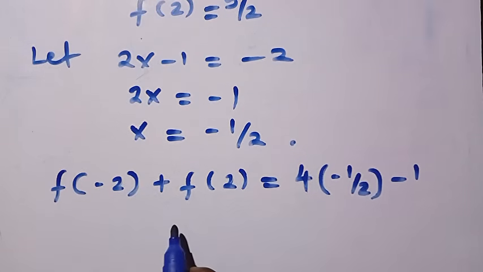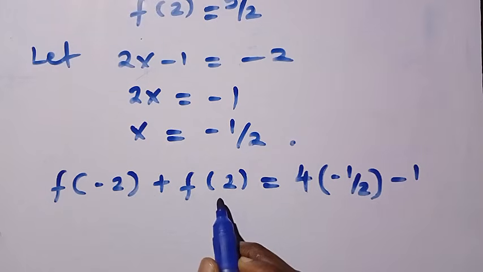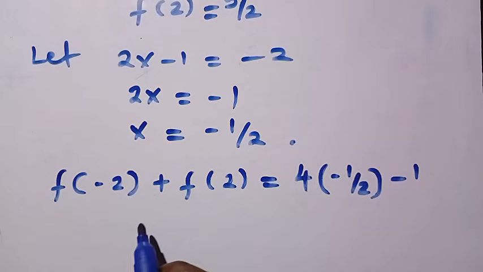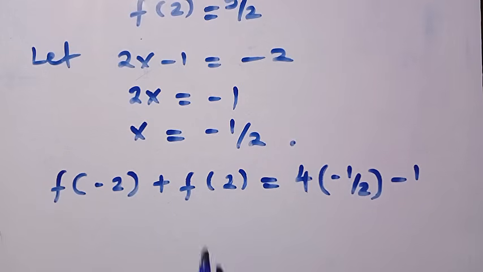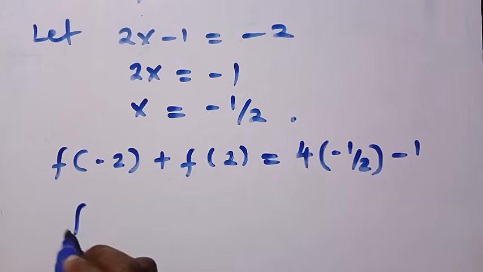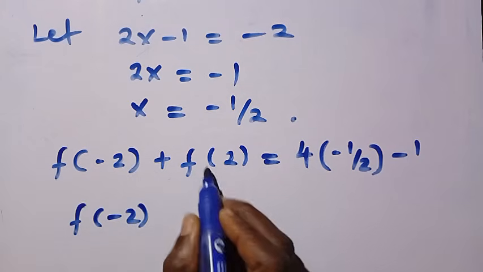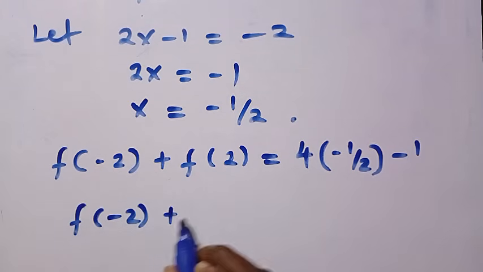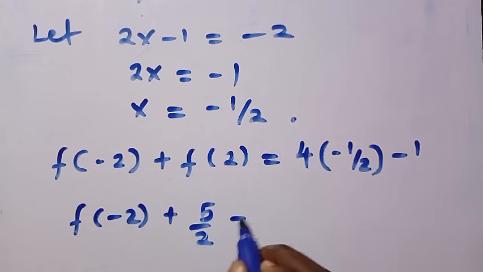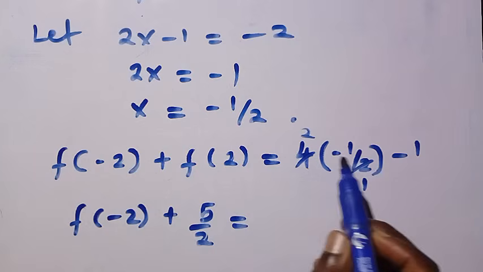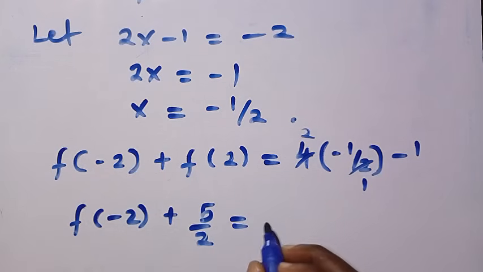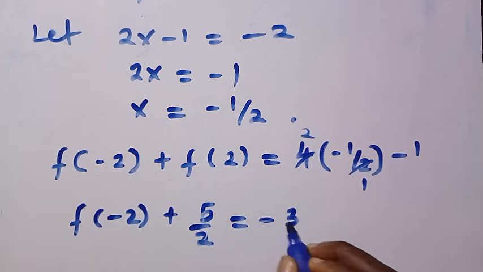So we cannot add this together because this is negative and this is positive, unlike the first one where they have the same number. But f of 2 is given as 5 over 2. We can quickly replace f of 2: f of minus 2 plus 5 divided by 2 equals 4 times minus 1 over 2 minus 1. 2 times minus 1 gives us minus 2, then minus 2 minus 1, we have minus 3.